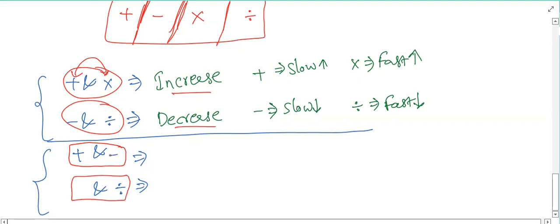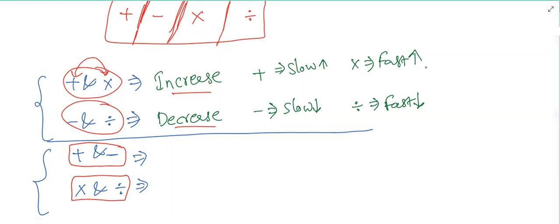Plus and minus, they increase and decrease very slow, and multiplication and division, they increase and decrease very fast.